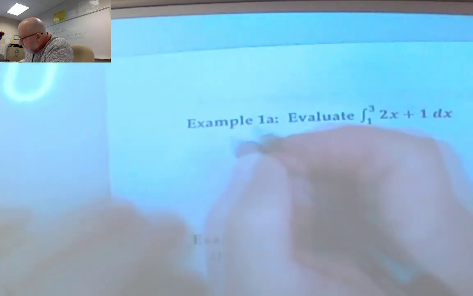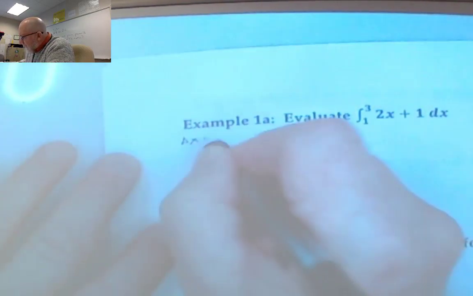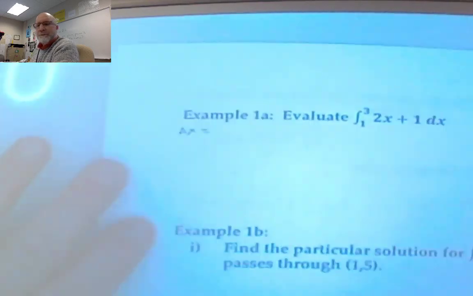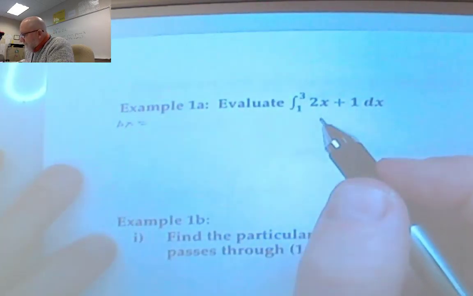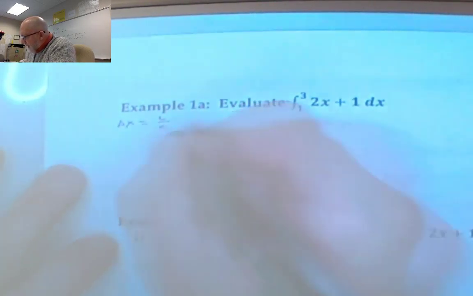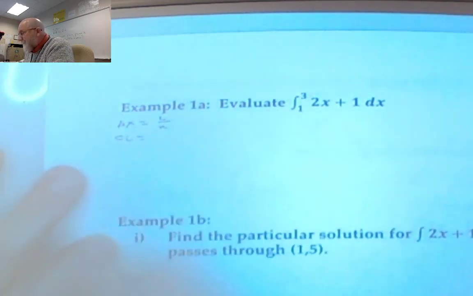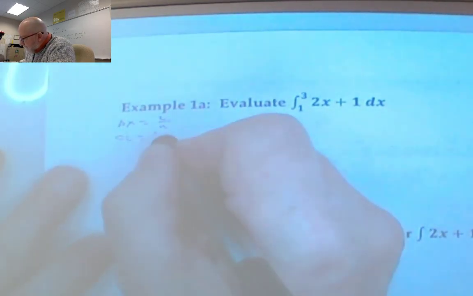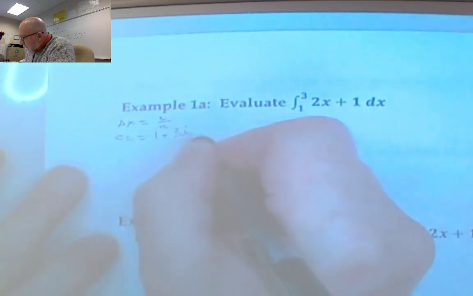Okay, let's do that. So what's delta x in this case? 2 over n. Okay, what's c sub i? Perfect.